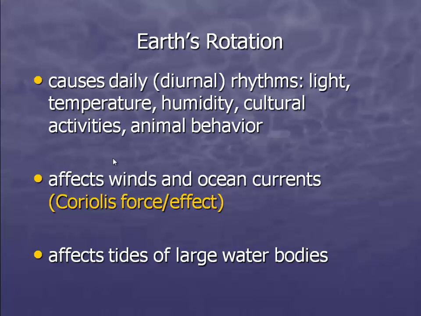The Earth's rotation also influences wind, ocean currents, and some other really cool things that we're going to talk about. This is known as the Coriolis force, or the Coriolis effect. Because you're on a rotating body, objects that travel in a free-moving environment are deflected one way or the other. You could imagine taking off in an airplane from Chicago to St. Louis. You could not fly in a straight line because the Earth would be rotating underneath you.